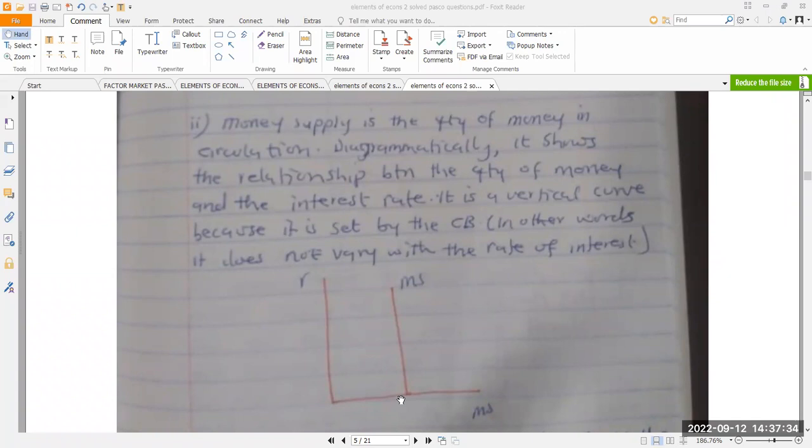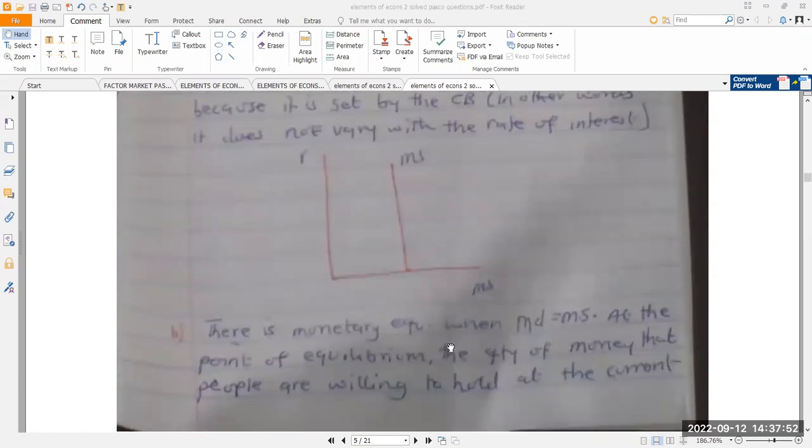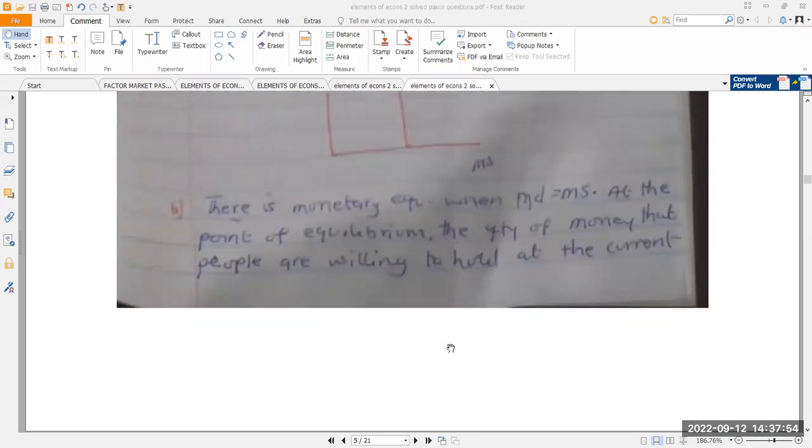So in the money market, when we combine the demand for money and the supply of money, we get our equilibrium interest rate, that is the cost of money. And we get the equilibrium quantity of money, or the stock of money, that ensures that equilibrium. When MT is equal to MS, that is where we get our equilibrium point.